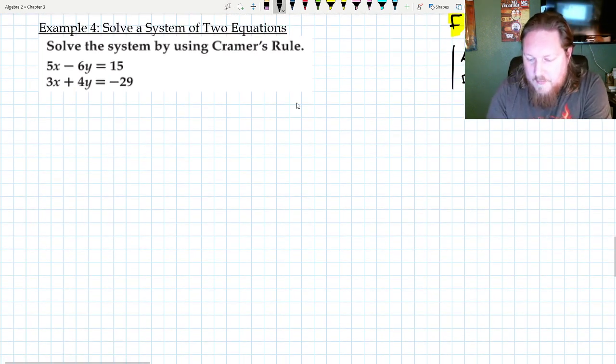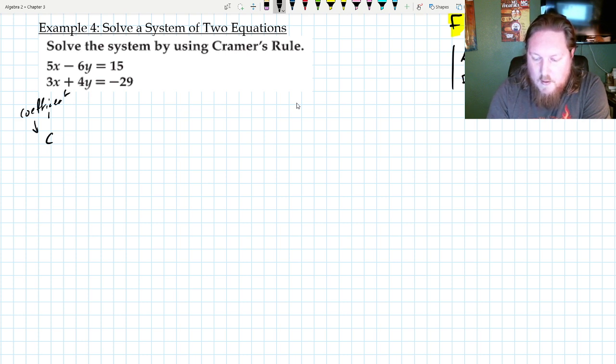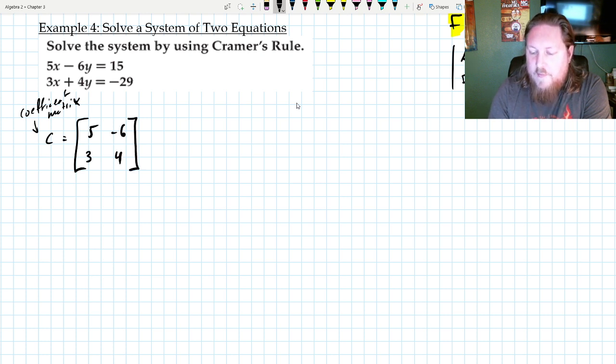I make sure it's in standard form. Yep, we're good there. So I'm going to find the determinant of the coefficient matrix. I'm just looking at the matrix 5, -6, 3, 4.